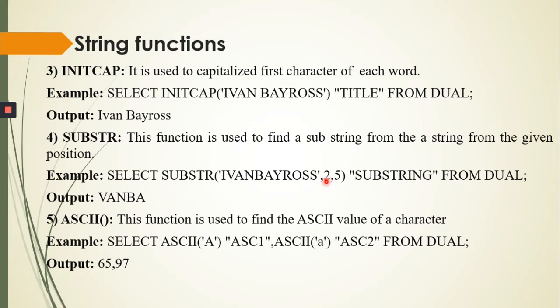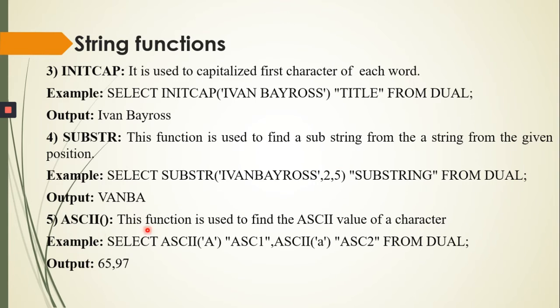Then, comma, we have to write till when we have to calculate. So we are writing 5, so it will calculate 5 characters from 2. So 1, 2, 3, 4 and 5. From which position? The second position. So our output will be the substring of even barrows. So this is the functionality of substring.